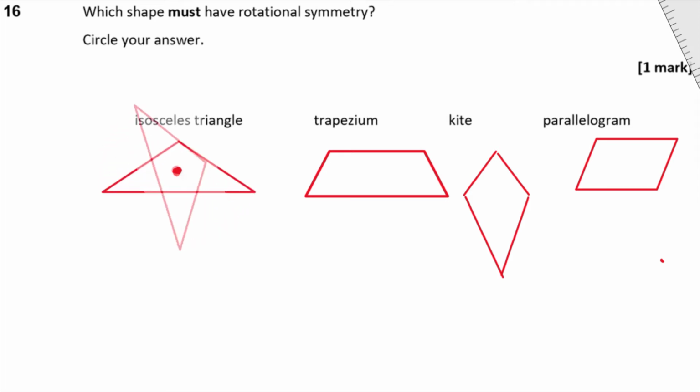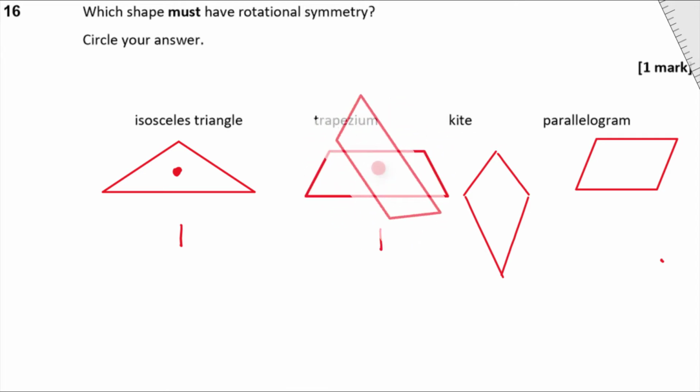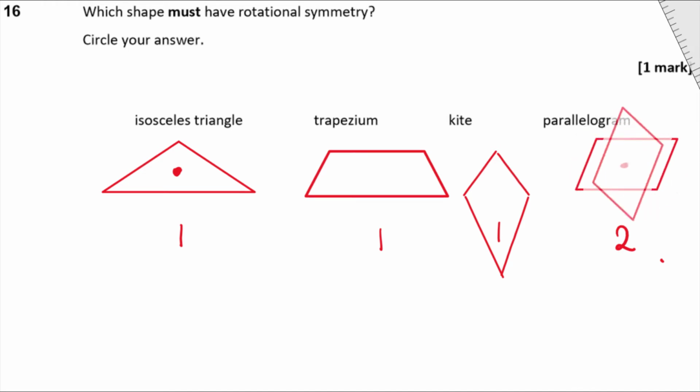Now the isosceles triangle is going to have rotational symmetry of order 1 because it isn't going to look the same until it gets all the way back to where it started from. Same with the trapezium, same with the kite. Parallelogram though is going to have rotational symmetry of order 2. It's going to look the same upside down as it is the right way up. Okay, so which one must have rotational symmetry? It must be the parallelogram.